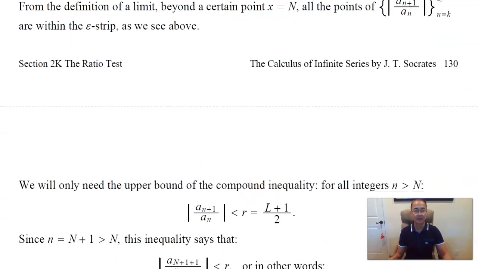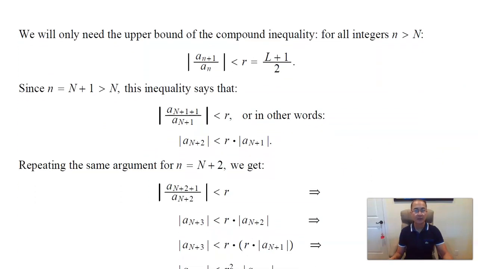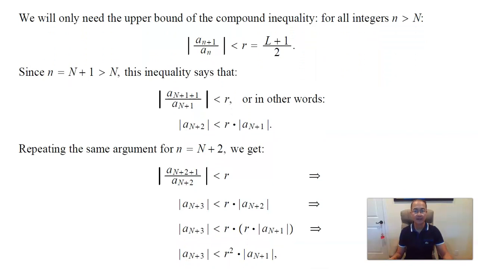All right, so moving on. When n is bigger than this capital N, which exists by the definition, |a_{n+1}/a_n| is smaller than r, which is (L plus 1) over 2. Okay, so the first integer bigger than capital N is N plus 1.